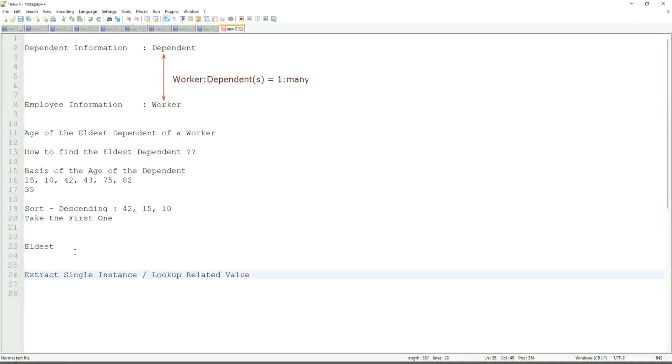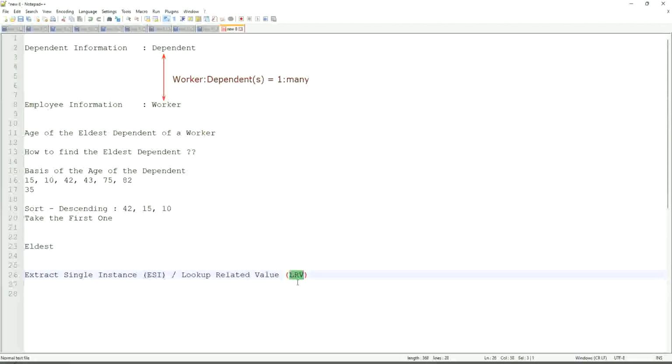This is the most common calculated field function that people will ask you in your interviews. Extract single instance is called ESI. Lookup related value is LRV. They work in combination. We do not only leave with ESI.